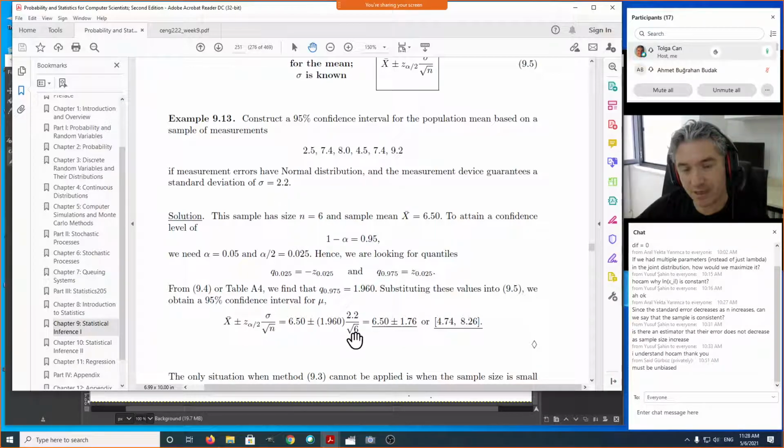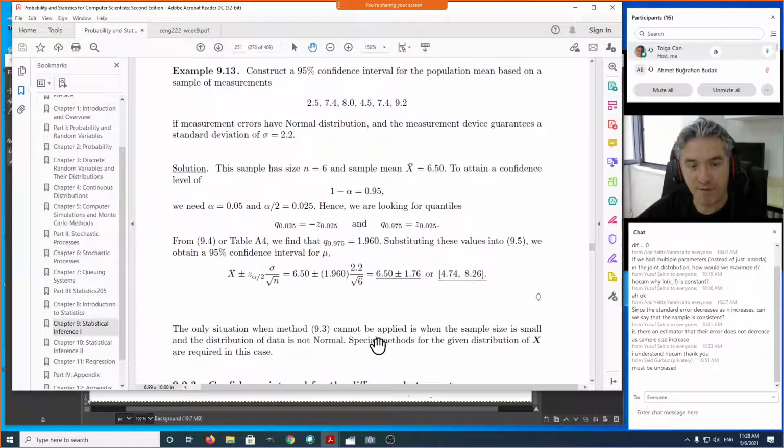So we go 1.96 standard errors to the left and right of this 6.5 that we obtain as our estimator, and it becomes 4.74 and 8.26. So this tells you that the actual population mean is contained in this interval with 0.95 probability.